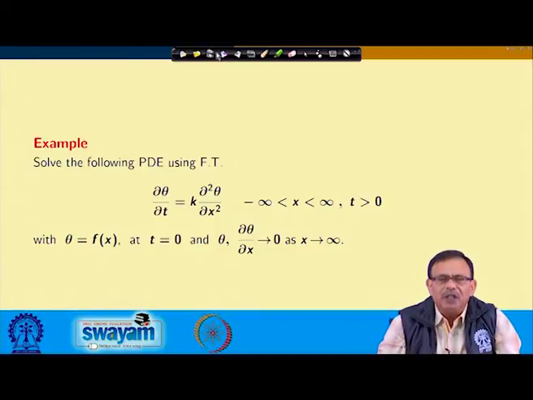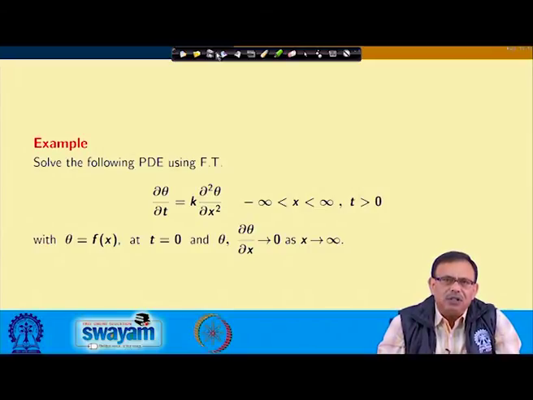with respect to the variable x, not with respect to the variable t, because the range of t is from 0 to infinity, not from minus infinity to infinity. So, we should be careful whenever we are trying to solve a problem. The first thing I have to think about is which transform I can use.